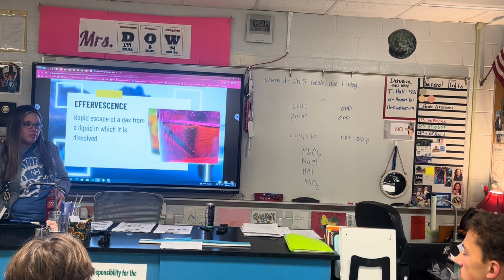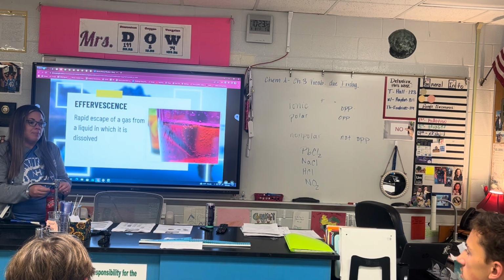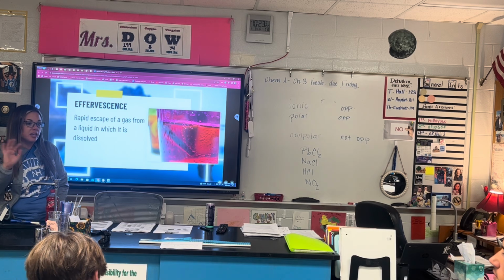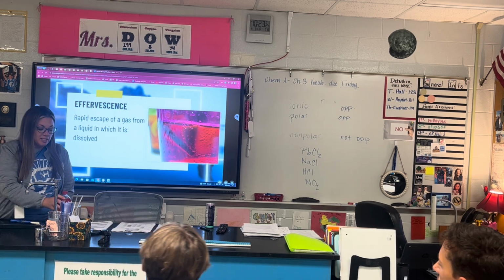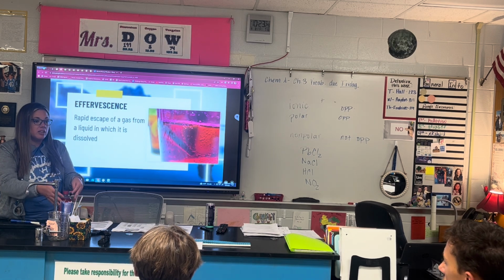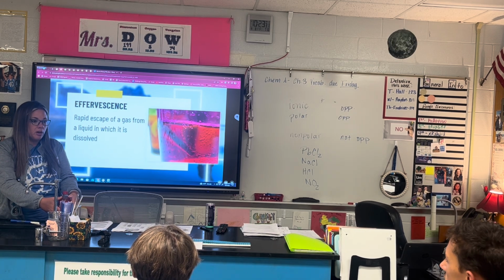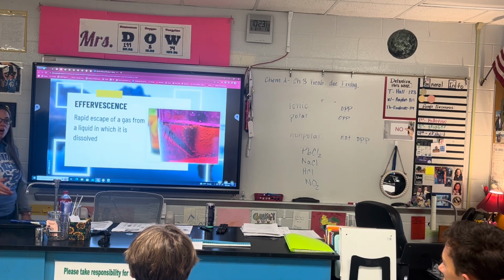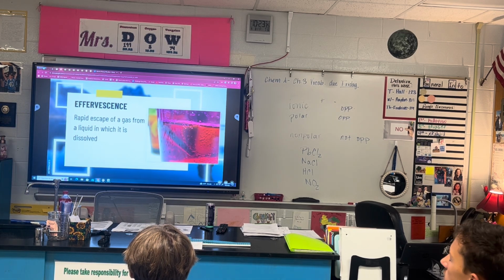You can put it in the fridge, it doesn't matter what you do, it's seeping out. That's why it's going to go flat in a day or two, because once you've opened it, it's not dissolved anymore like it was before. So the carbon dioxide is coming out, and that's why it's going to go flat.